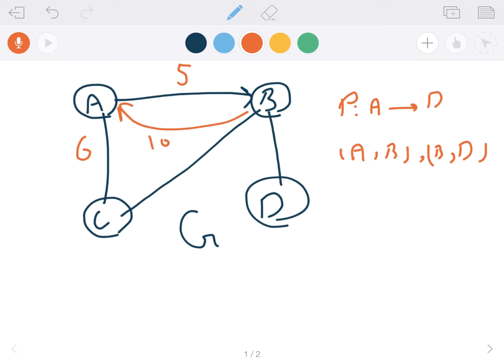So if we have a path in which the first node and the last node are the same and there are no edges repeated, then we call this a circuit. So a circuit that goes from A to A might be A to B, then from B to C, then from C to A. So that's a circuit.